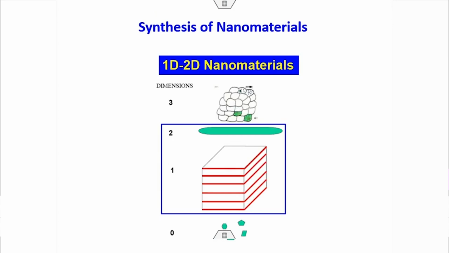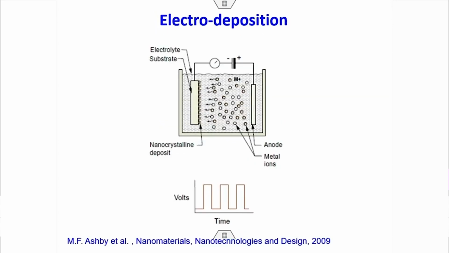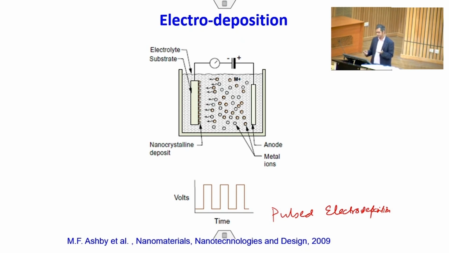You can also prepare 1D and 2D nanomaterials using techniques like electrodeposition, which we discussed, basically pulse electrodeposition, where pulse current or pulse voltage is used to prepare the nanomaterials. This is the same as normal electrodeposition, but you are applying a pulse voltage, correct. With high current density and some additives, one can make nice 2D nanomaterials.